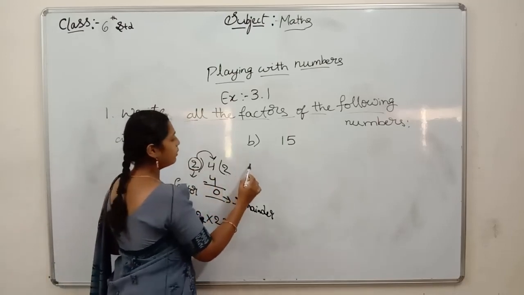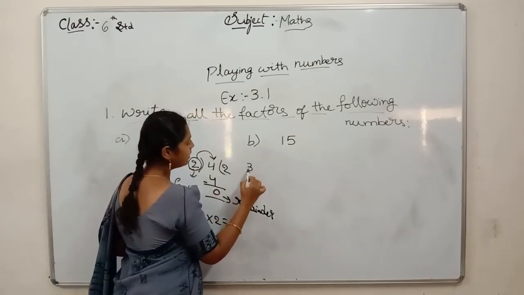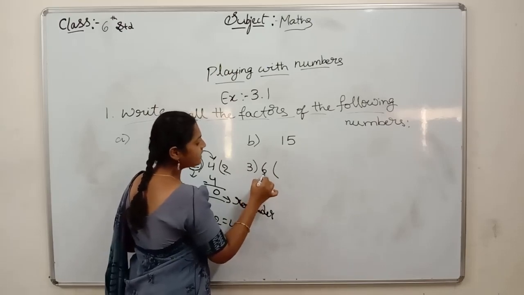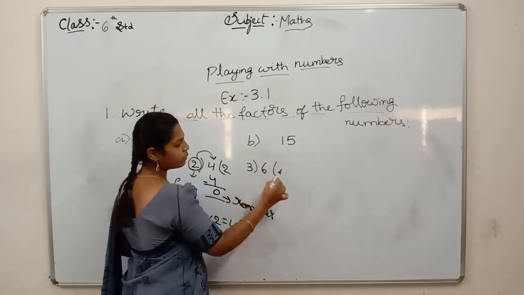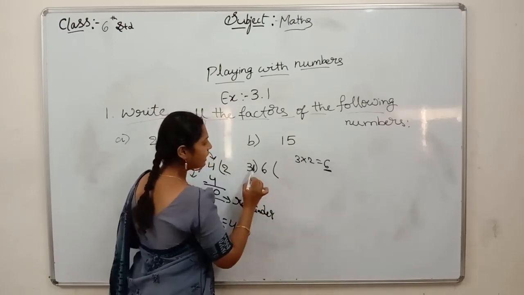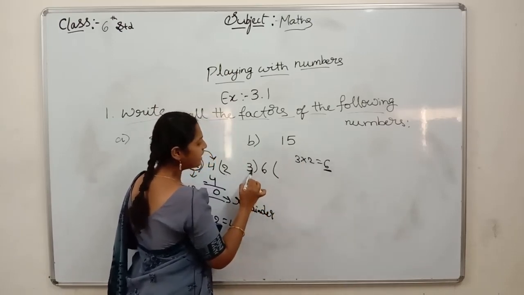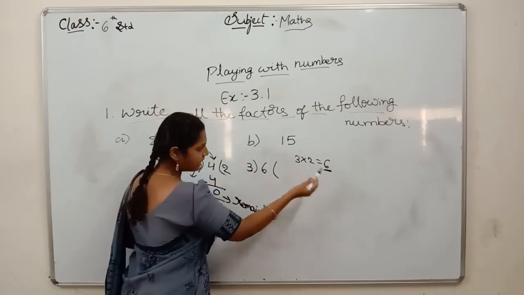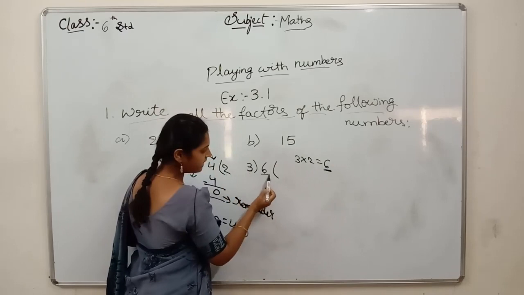See, one more I will give. Here is 3 and 6. In the 3 table, 3 twos are 6. Here 3 is in the divisor place, and 6 is the given number.